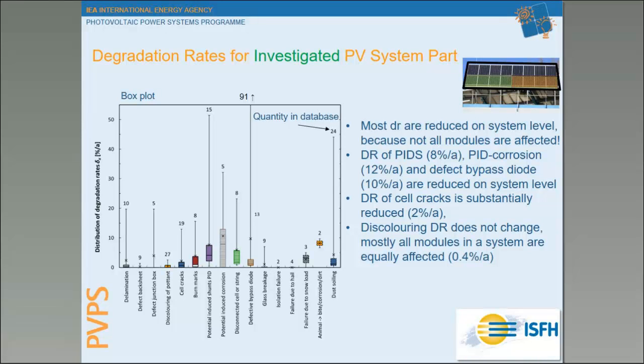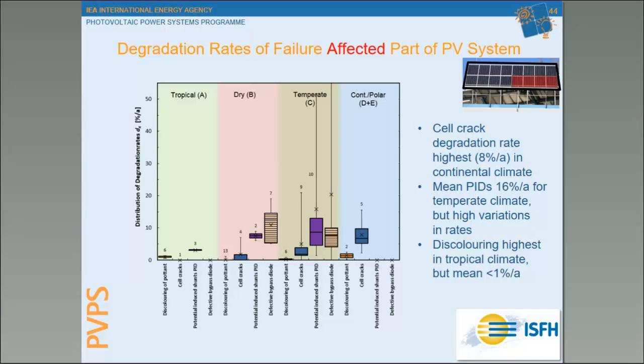PID corrosion, 12% per year, also with a variation, and the defect bypass diode 10% per year. These are all values which are relevant on system level. Typical cell cracks have an impact on the power loss of typically 2% per year, and again, discoloring is lower than 1%.